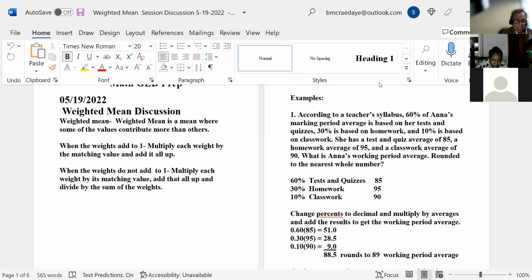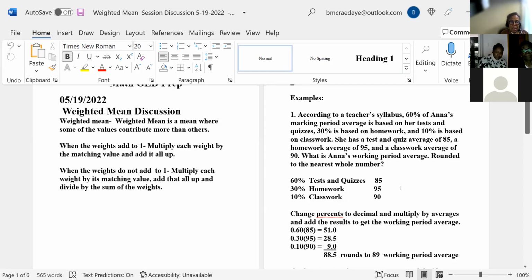The 0.60 is the percent as a decimal, the 0.30 is the percent as a decimal, and 10% is 0.10. Multiply these by the averages and then add them up, and you've got the weighted mean average. That's 89.